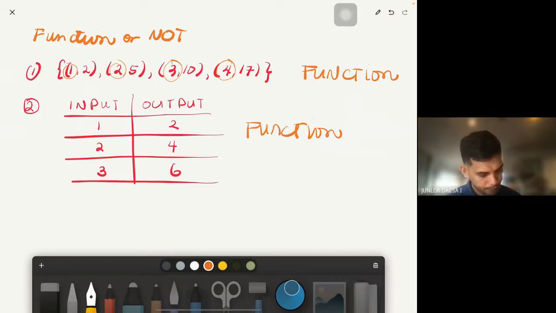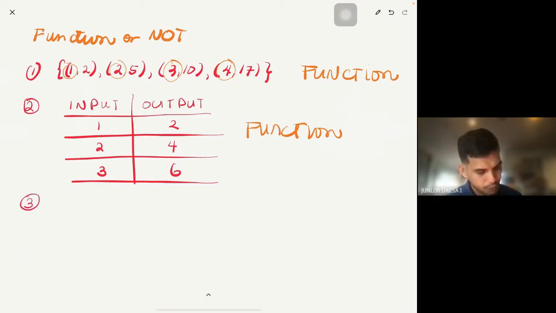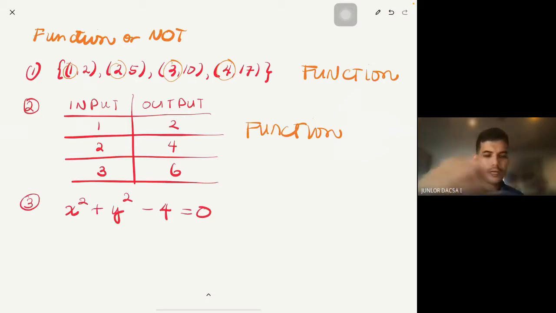Okay? So what if this one? Our example number 3. Let us say x squared plus y squared minus 4 is equal to 0. What do we do? It is an equation. Can we know if it is a function or not? Yes. Okay? What is the first thing we will do?